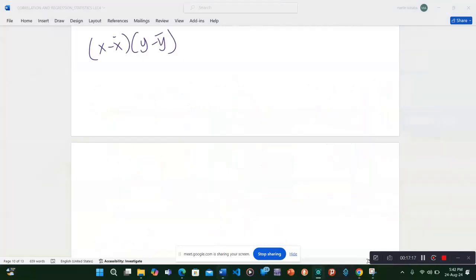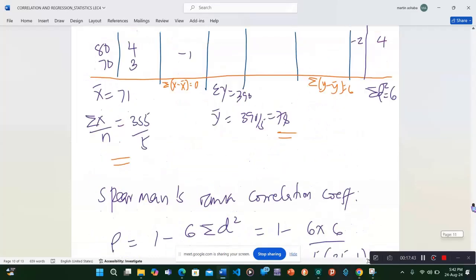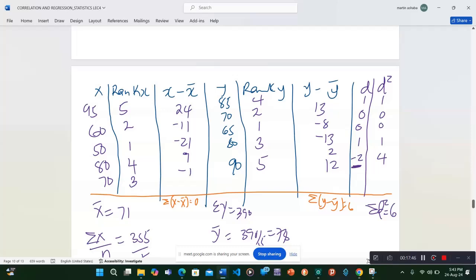We are saying let us get those values. 24 times 13, we have 312. Then negative 11 times negative 8, obviously it has to be 88. What else? Also get negative 21 times negative 13.